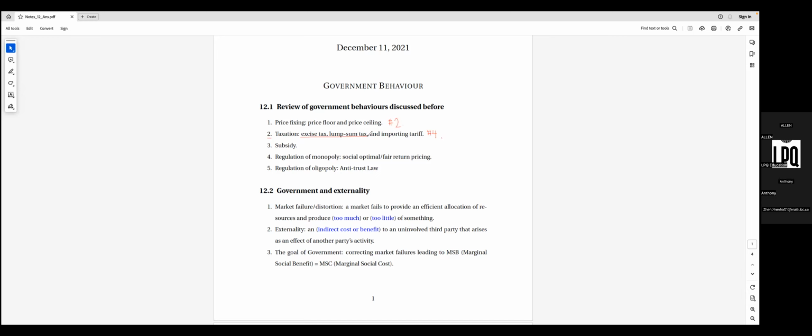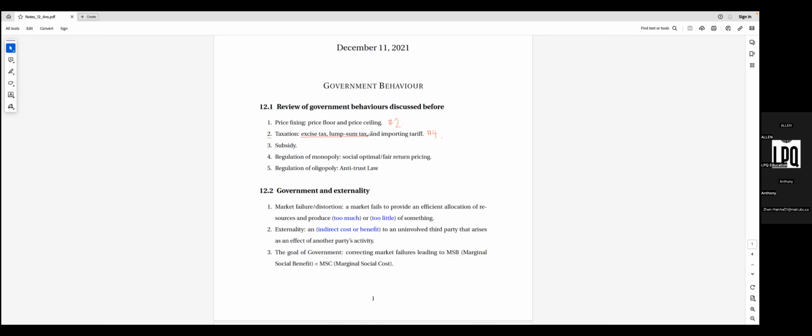It's something bad, so as a government you want to reduce the quantity of cigarettes consumed and produced in your city, in your country, in BC. Your regulation for cigarette producers was that if they produce 1 more unit, they need to pay $4 to the government.